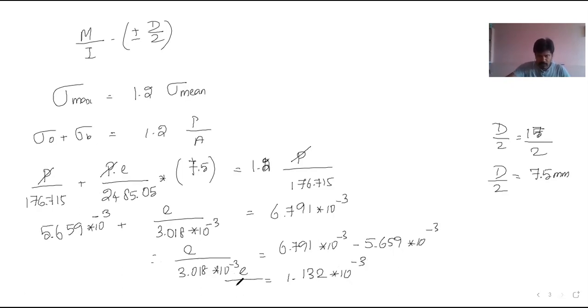So this is the E divided by 3.018 into 10 to the power minus 3. Okay. So therefore E becomes 1.132 exponential to the power minus 3 into 3.018 exponential to the power minus 3.